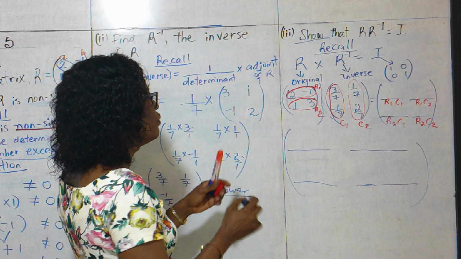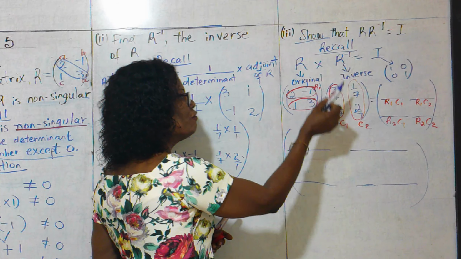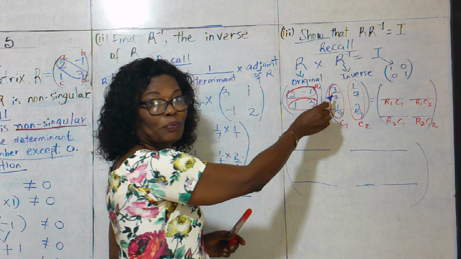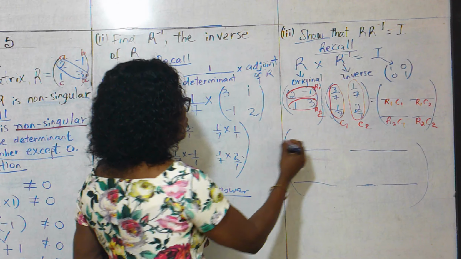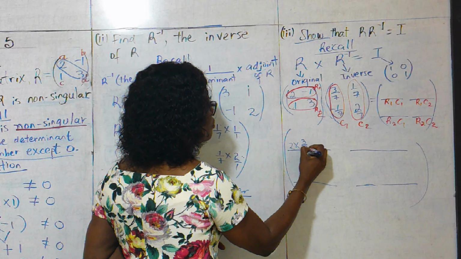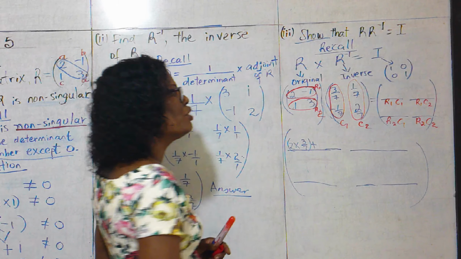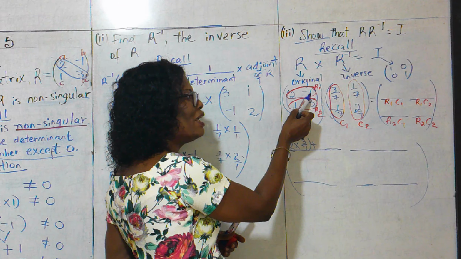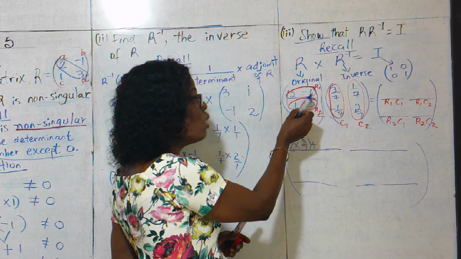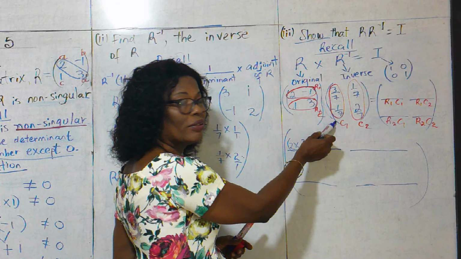Row 1. We're going to multiply the first element in the row by the first element in the column. Get that? 2 times 3 sevenths. Then we're going to multiply the second element in row 1 by the second element in column 1.